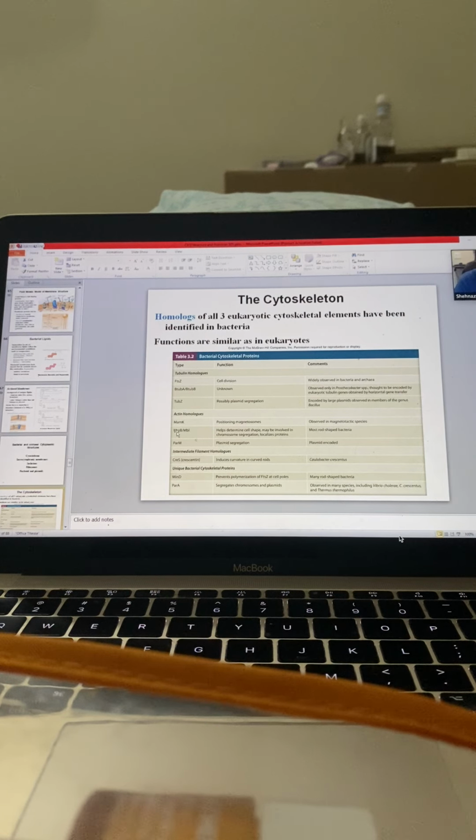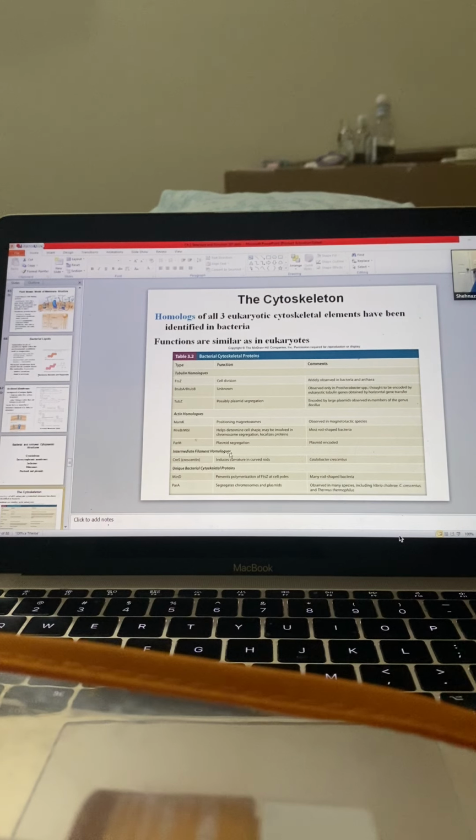A lot of research has been done on these two actin homologues of the bacterial cytoplasmic structures. Then we also have another one which was discovered in some bacteria. This is ParM, and this is involved in plasmid segregation. And of course, this is plasmid encoded only. That means the genes for it are found on the plasmid.